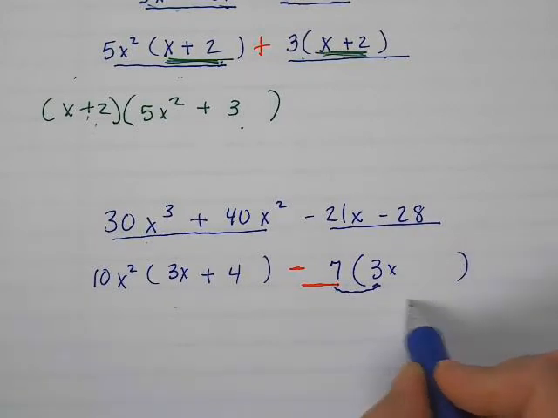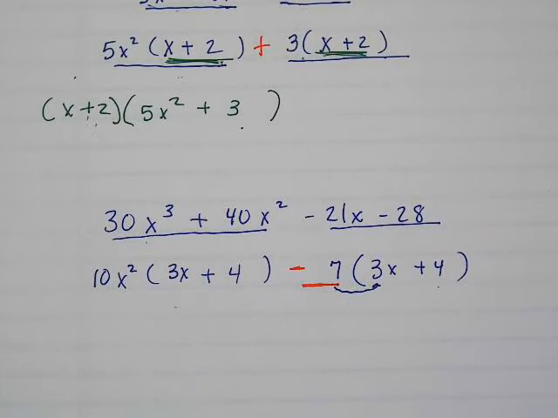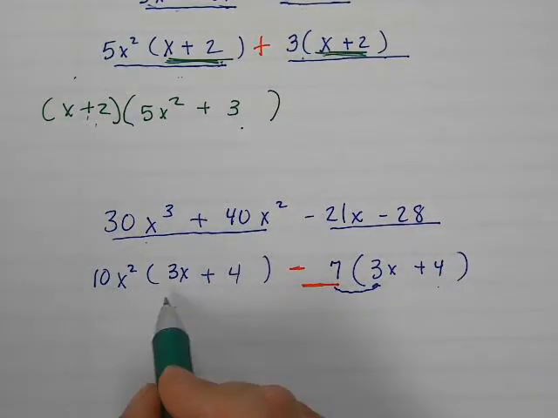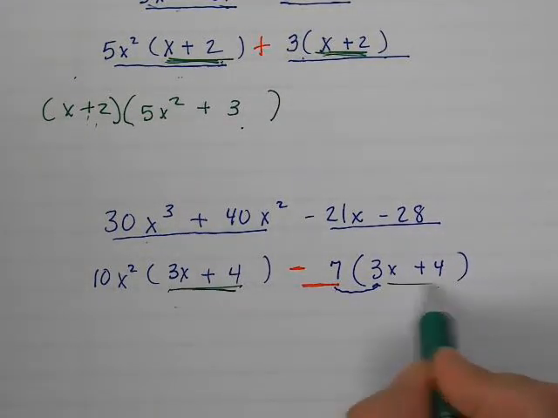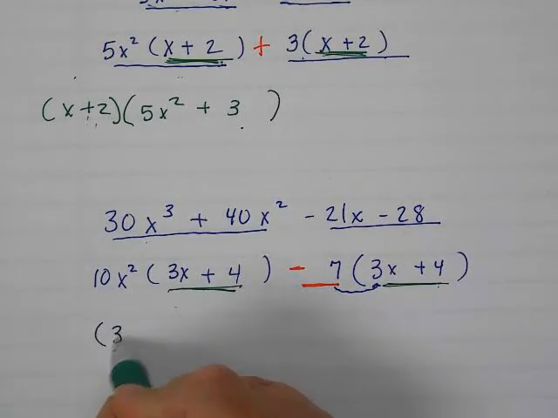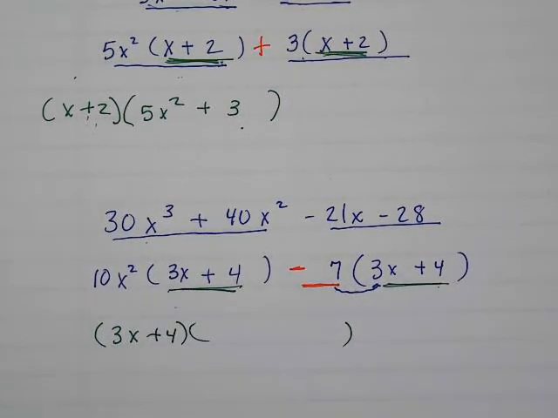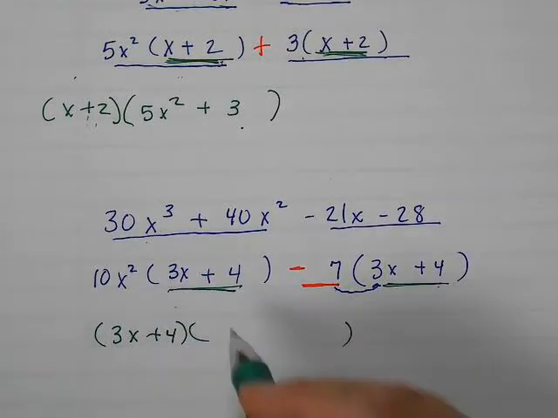And negative 7 times what gives me negative 28, that's plus 4. This is good. What should happen if it factors is these numbers should be the same. Because now I have a GCF of 3x plus 4 that I can bring out and do the reverse distributive, factor it out, and then write in the parenthesis right next to it what's left.